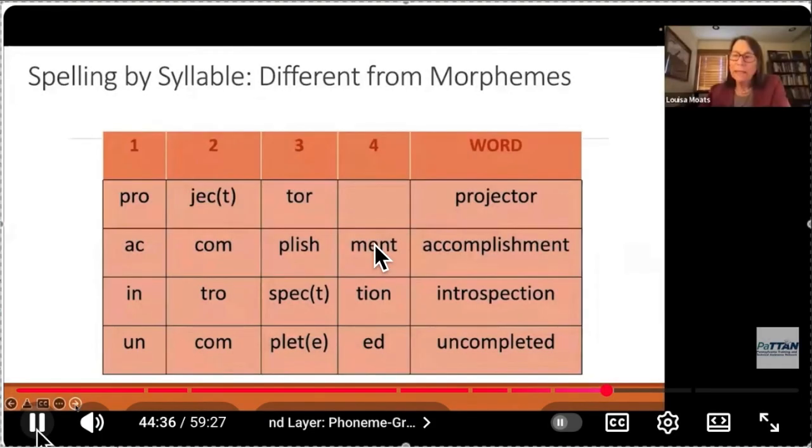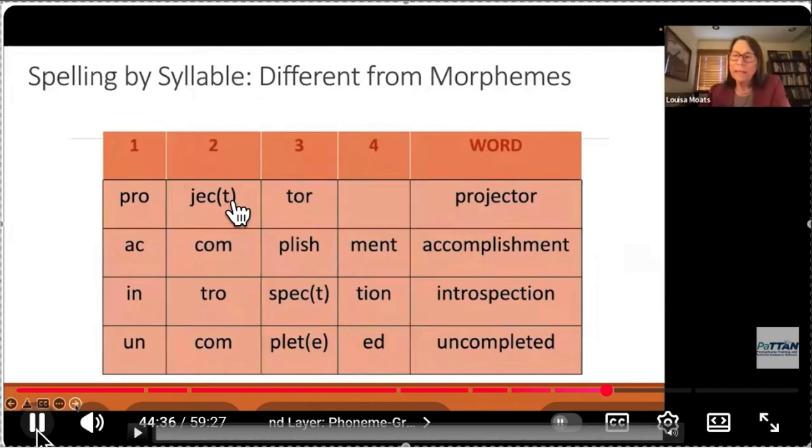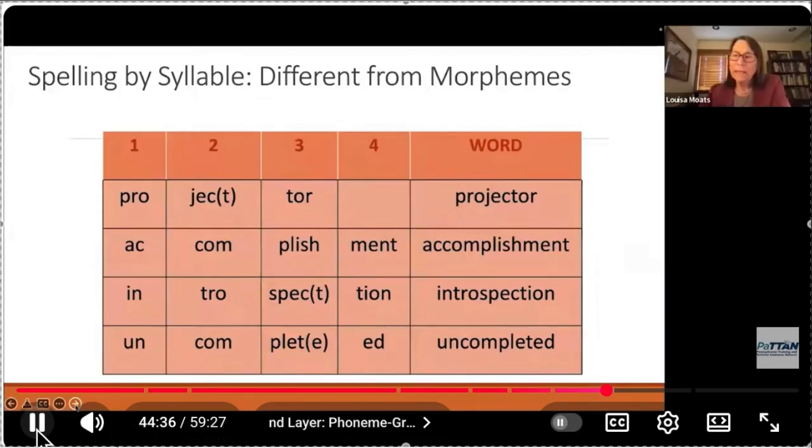Okay. Now, I will share the slideshow with you so you can go back and listen to Louisa. It's a little longer than I wanted to spend on this review, but she's going to talk about spelling by syllable and how that's different than learning to spell by morpheme. It's kind of an interesting approach, which you might use to help kids to spell.